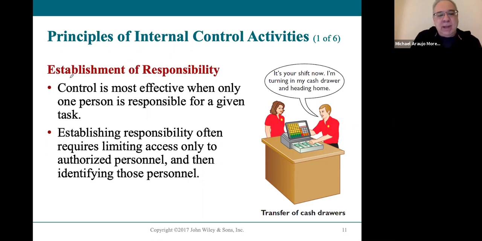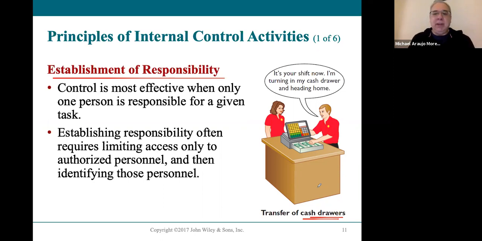One of them is make sure you're establishing responsibility for certain activities. So, for example, the cash drawer that's listed here in the picture. If you assign it to a particular cashier, so that only that cashier has access to that drawer, you've established responsibility, because anything that's missing from that cash drawer, now that person needs to take responsibility for it.